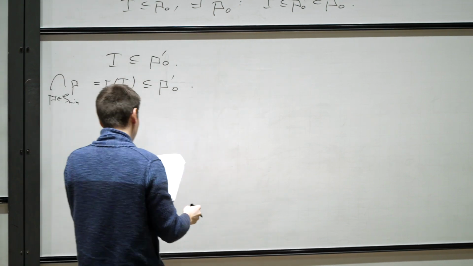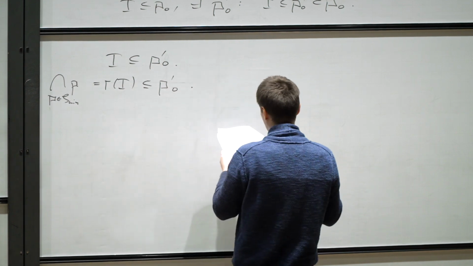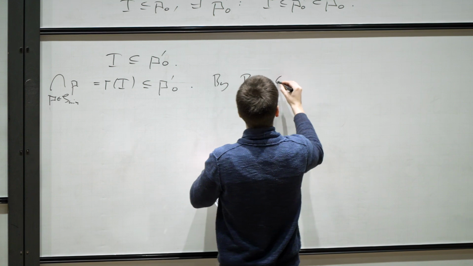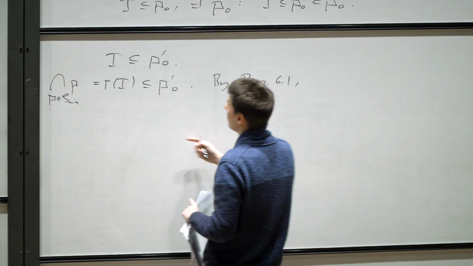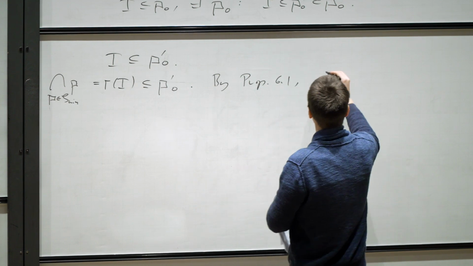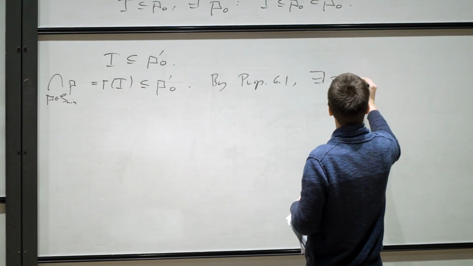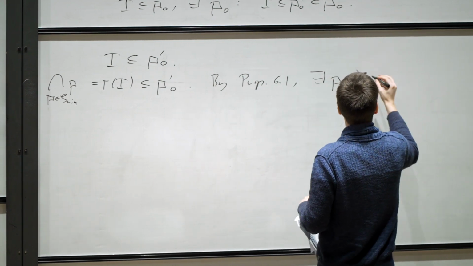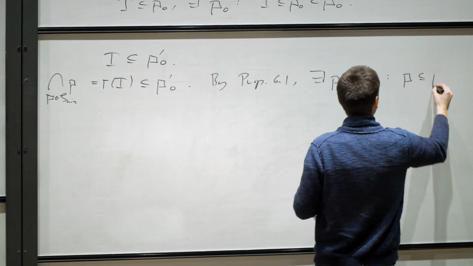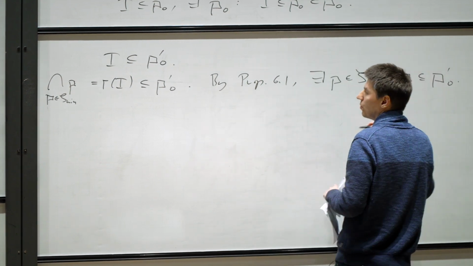And we proved at the very beginning of last lecture, this is Proposition 6.1, that if you have an intersection of primes sitting inside a prime, then one of the primes has to sit there. So there must exist a P in S min such that P sits inside P prime 0.